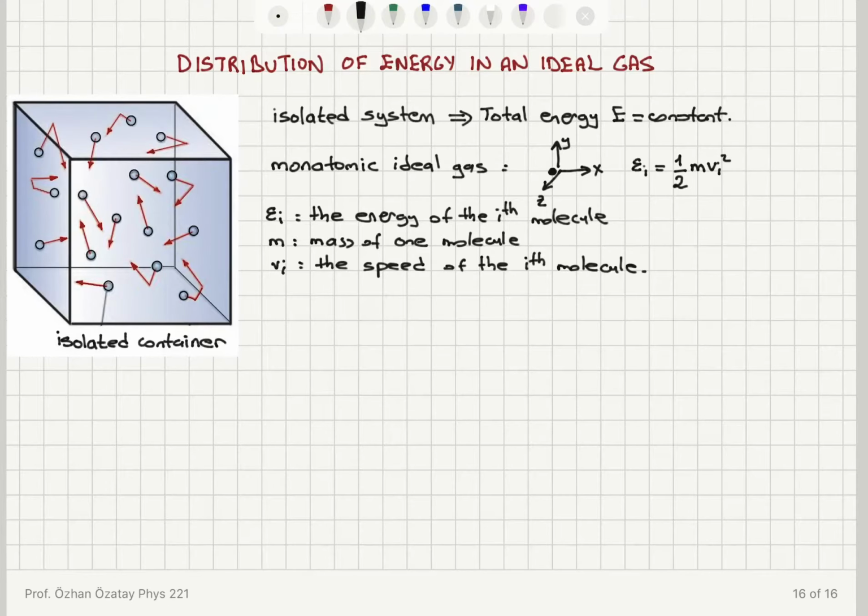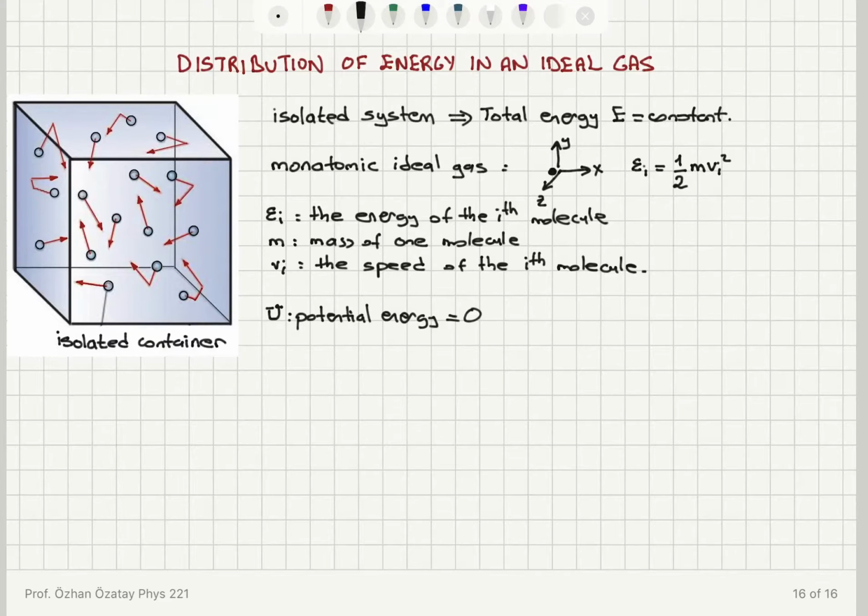Well, the potential energy would be present if you have interactions between molecules. So U, potential energy, is assumed to be 0 here. Basically the gravitational potential energy is also negligible because we have very small masses, and we can neglect the contribution from gravitation.